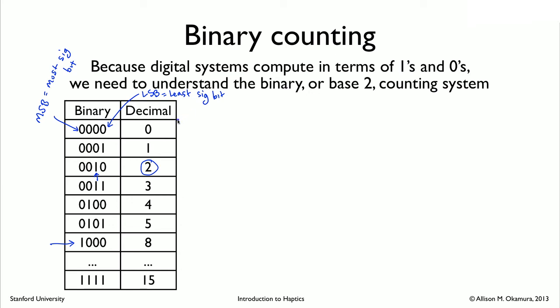And it's important to note that although we get up to the decimal number 15, there's actually 16 values which can be recorded in this case. So given 4 bits, you have 16 possible decimal values ranging from 0 to 15 that could be selected.